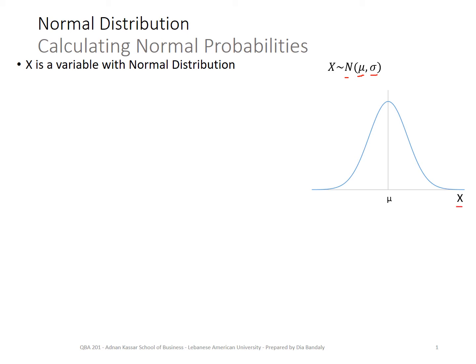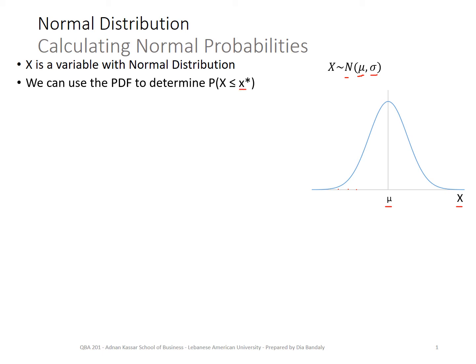So you can see that the horizontal axis represents the axis for x, meaning that these are all possible values of x, and it's symmetrical with respect to the mean of x, okay, the average. So this curve will allow me then to find the probability of x being less or equal than any value.